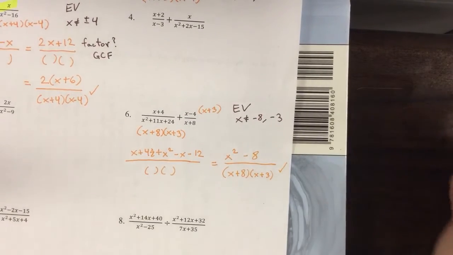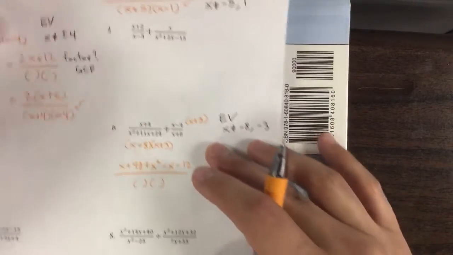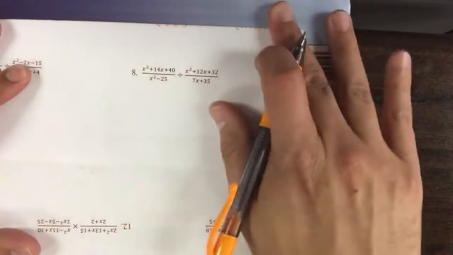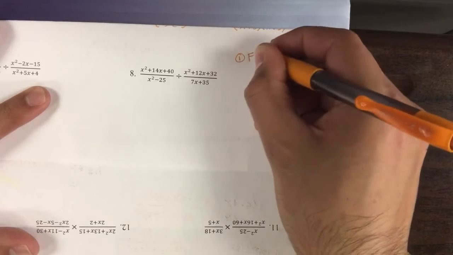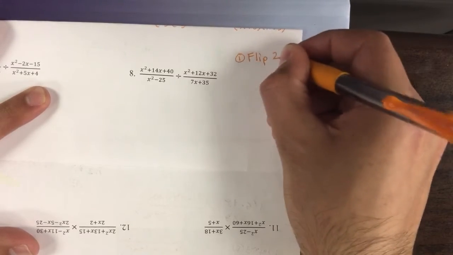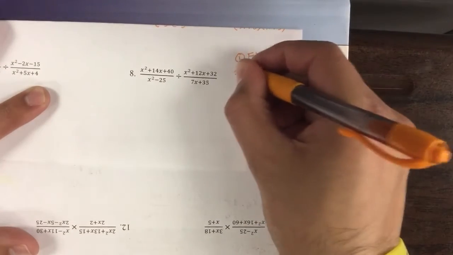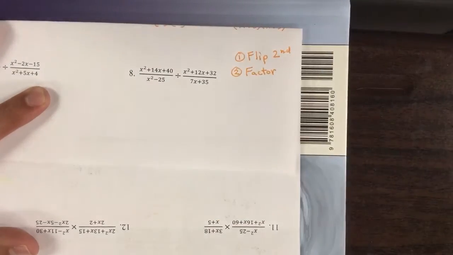Nothing too bad. All right, next thing, let's get into the division part. All right, lovely division. What are your steps for division? The first step is going to be to flip the second fraction. Second step, factor everything.